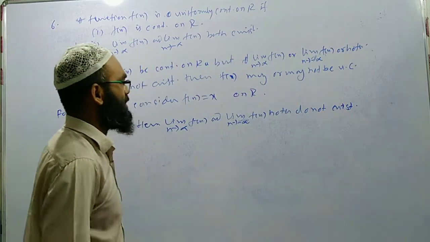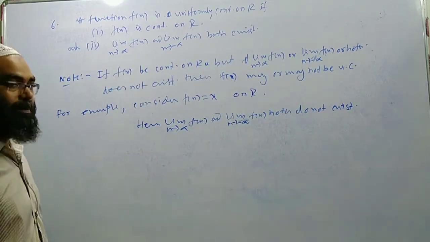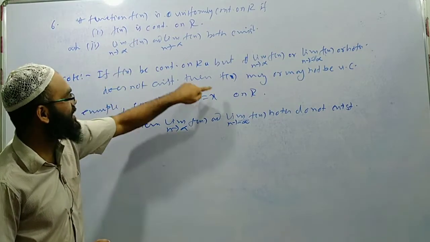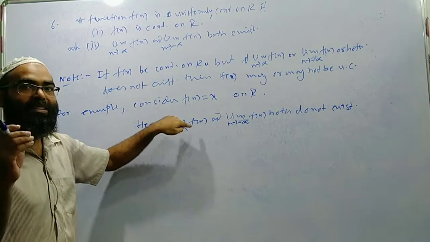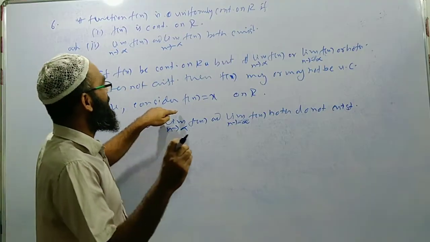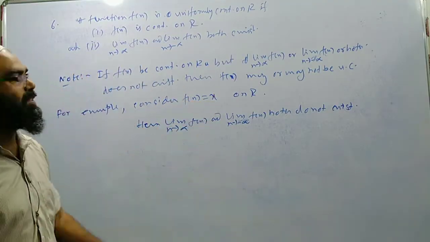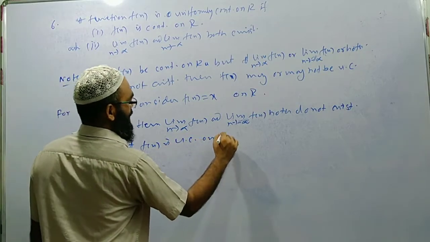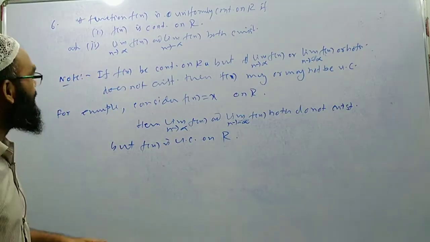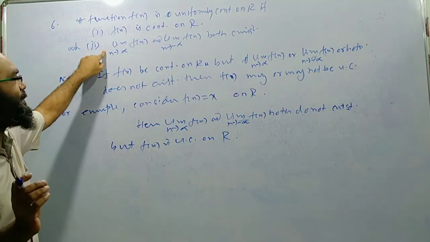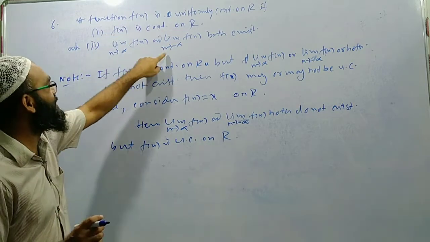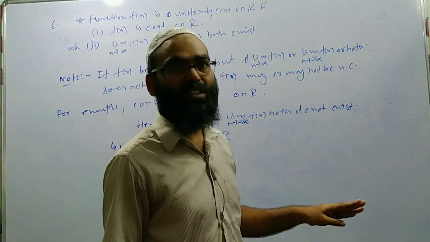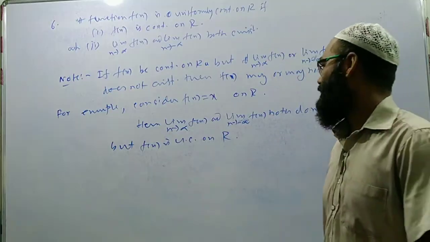So for this function, condition 1 is satisfied, but condition 2 is violated, yet f(x) equal to x is uniformly continuous on R. So it can be noted carefully that if this condition is violated, that is, f(x) is continuous on R but the limits do not exist, then we cannot say that f(x) is not uniformly continuous. f(x) may or may not be uniformly continuous.